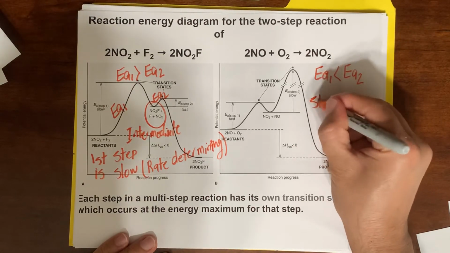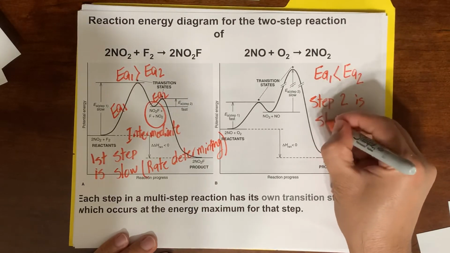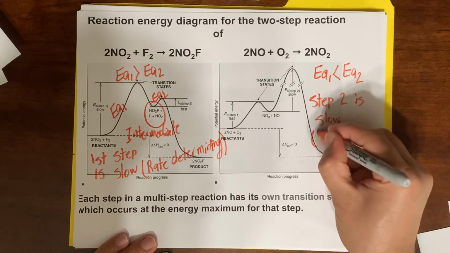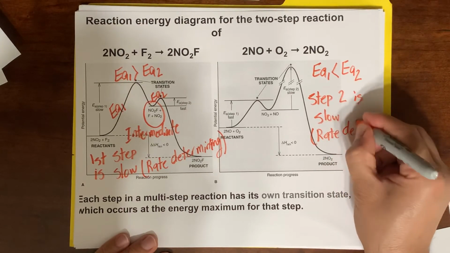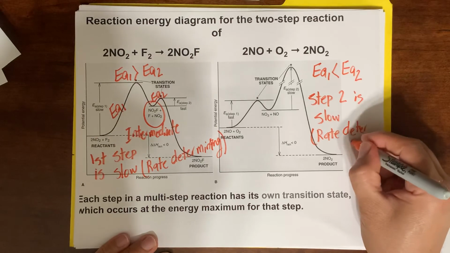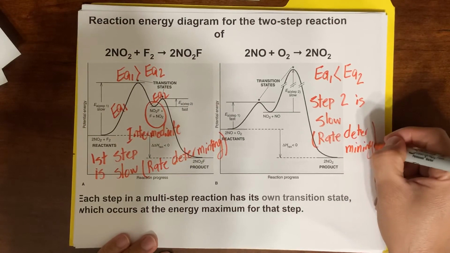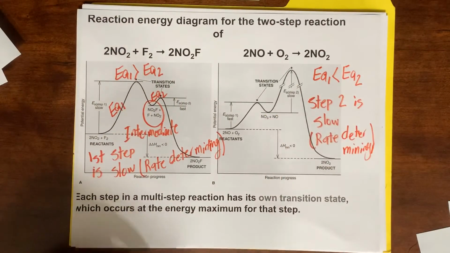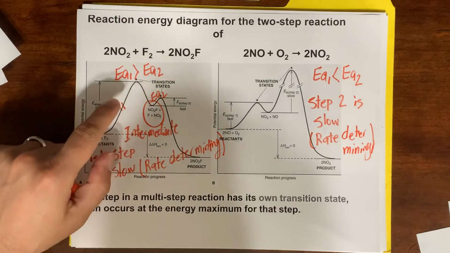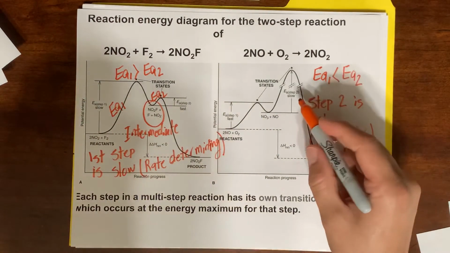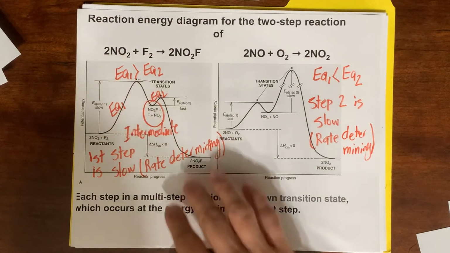So step 2 is slow or rate determining. Just by looking at the graph, you can guess which one is the rate determining step. If the first one is bigger, the first one is going to be rate determining. If the second step is bigger, the second step is going to be rate determining.